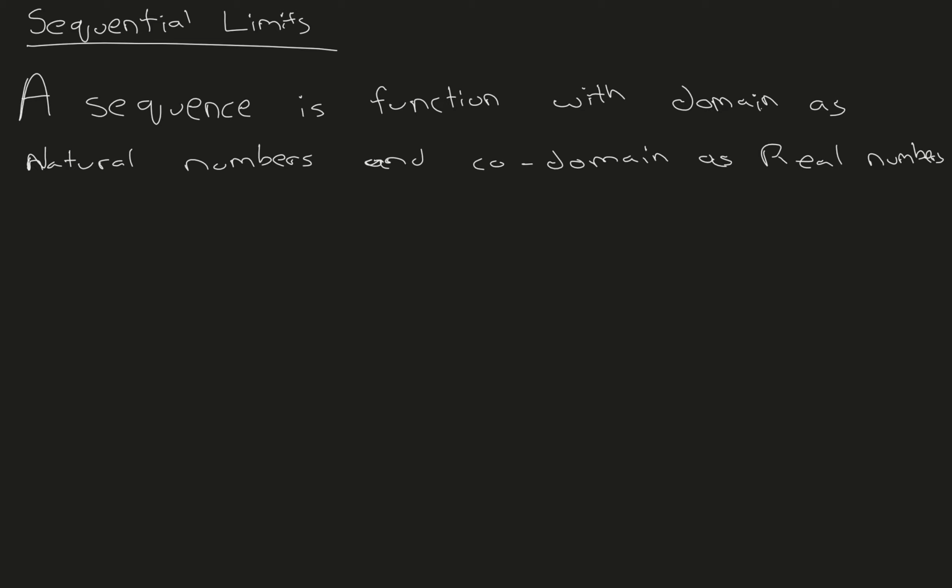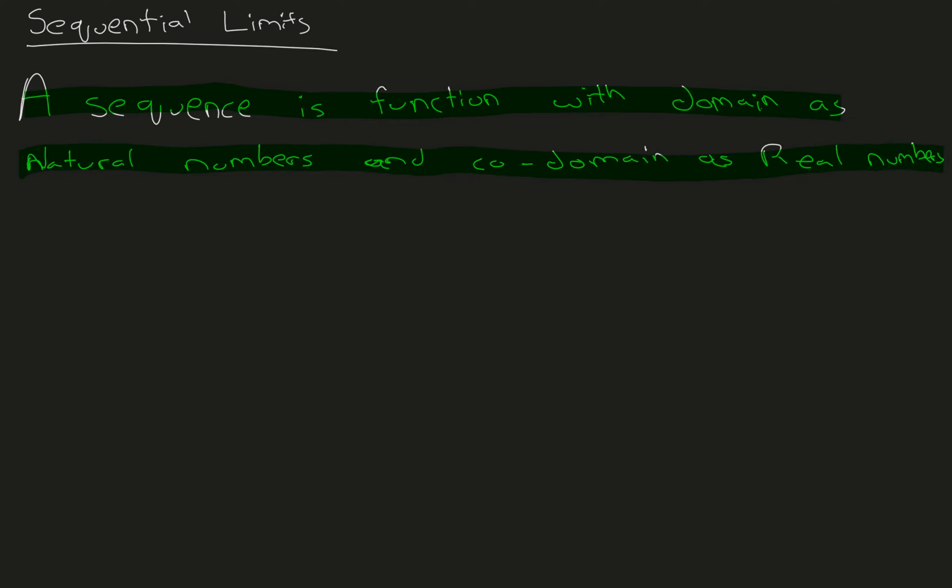So first we're going to take a look at sequential limits, i.e. the limits of sequences. Before we go into the definition of a limit, let's take a look at what really is a sequence. The formal definition of a sequence is a function with domain as the natural numbers and the codomain as the real numbers.